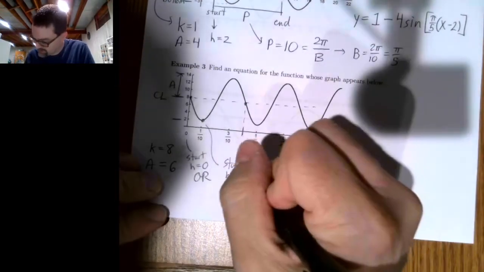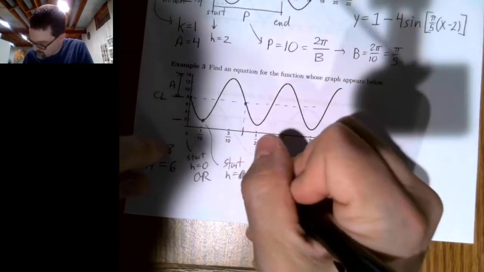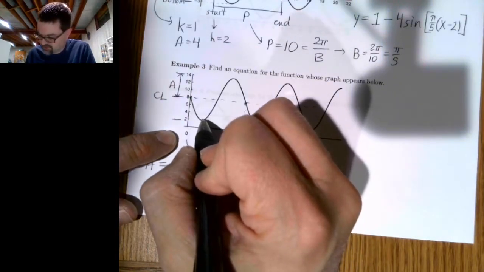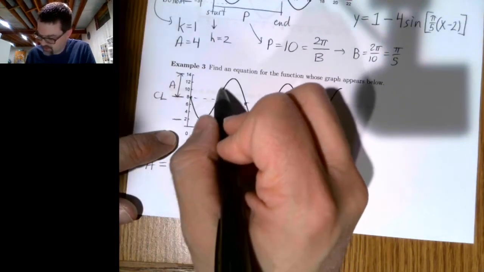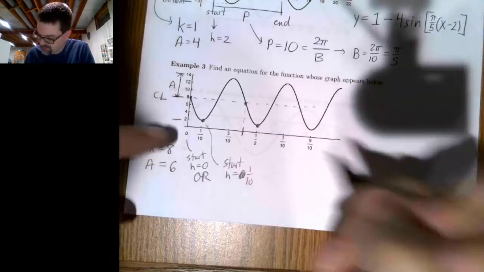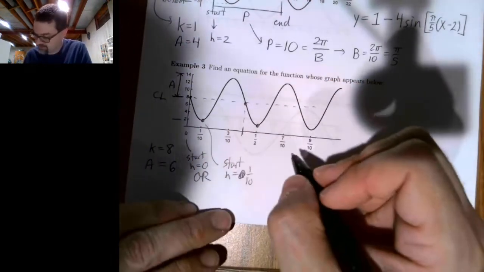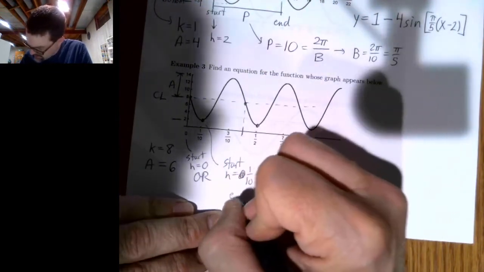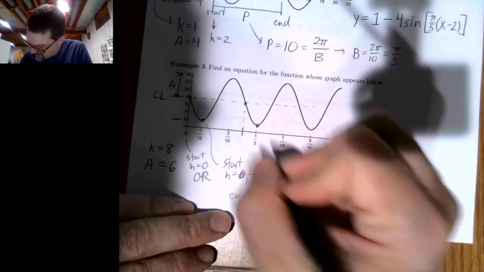Oops, h equals, looks like 1/10. If we consider this to be the start, then we would do a full wave when we go all the way up to the top, come all the way back down, and finish here at a very nicely marked 1/2. All right, so end at 1/2.